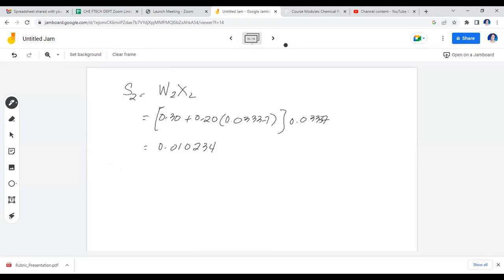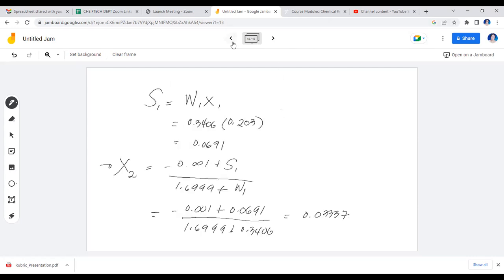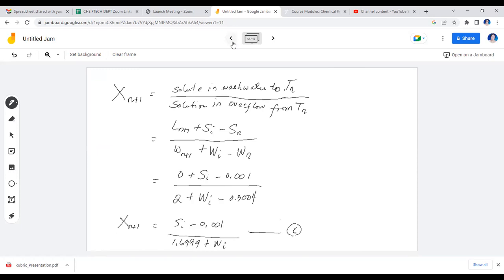After you have done the S2, you determine the concentration leaving thickener 3 based on the solute content that thickener 2 has. You know that you need to solve for the solute content of the previous thickener because the equation that we had in class is based on that.